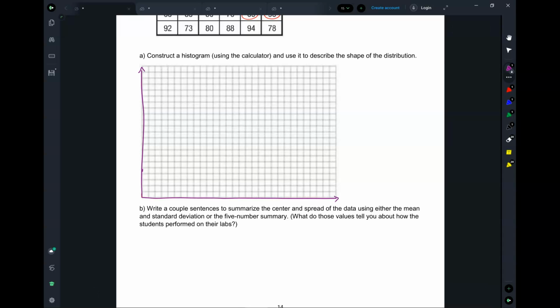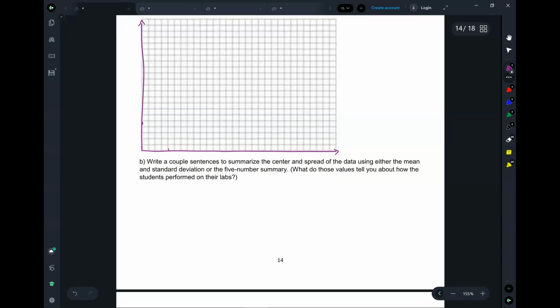I was saying before that I want to go in widths of 5. So I want my first one to be 60 to 64, then 65 to 69, and so on.